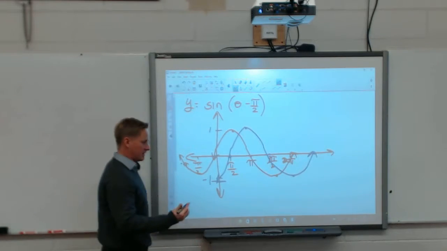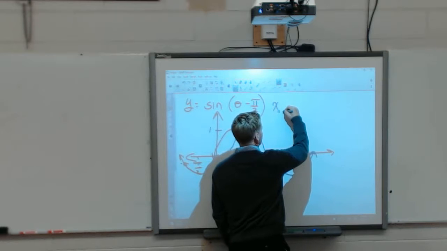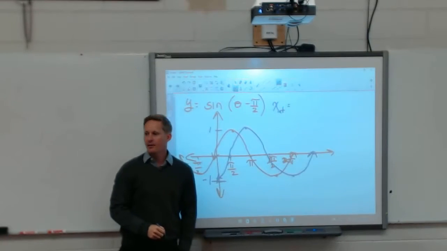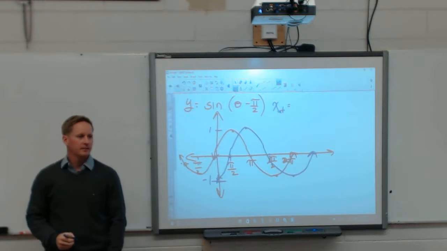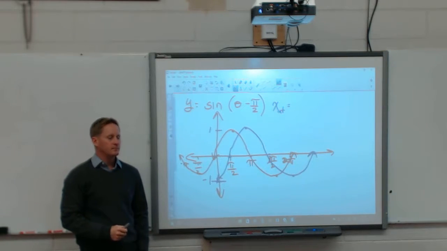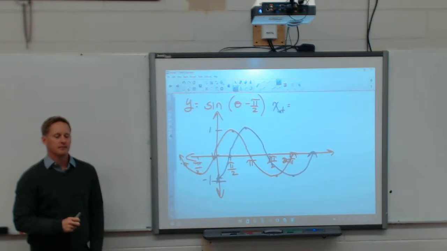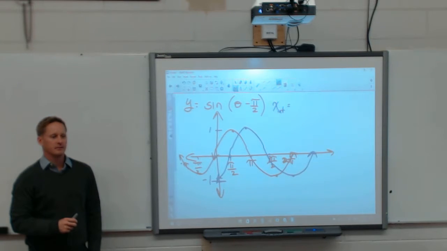So here's, this is important to us. X-intercepts are now where for this graph? How did I write that yesterday? There were two methods I gave you yesterday. What's the first one that you see on?